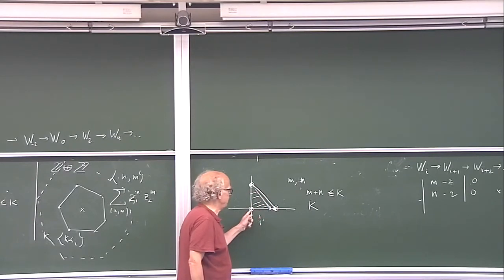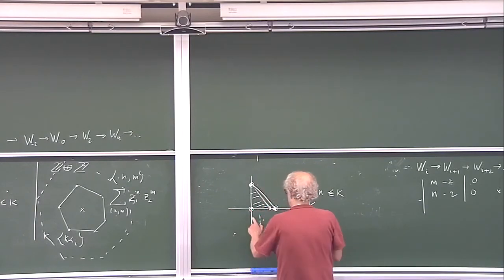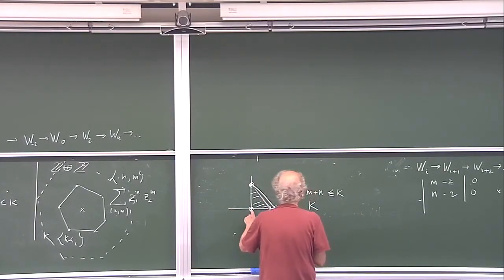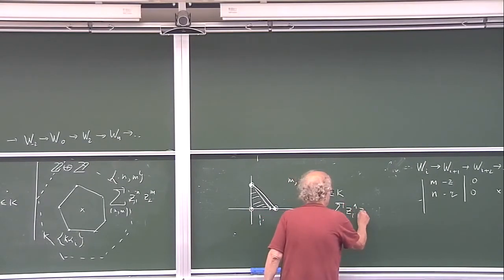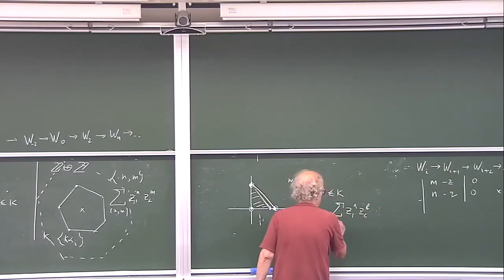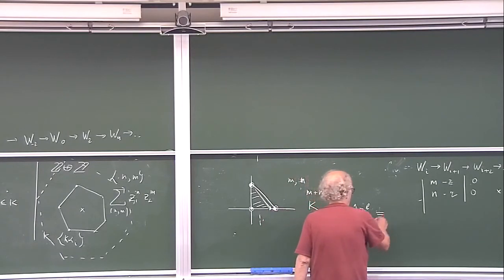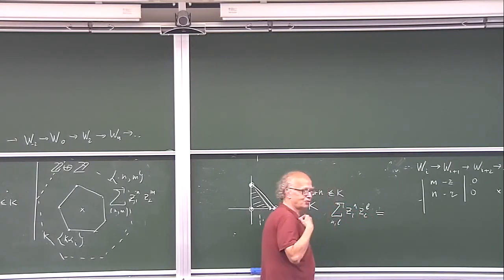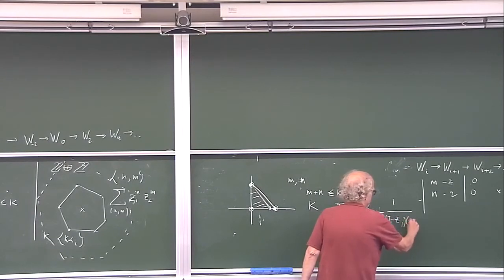And if he tries to calculate the character in his vicinity, what will it be? It is the contribution of this vertex: the sum of z1^a z2^b, with a, b any integers bigger than or equal to 0. So what he reports to me is just this: 1 over (1 minus z1) times 1 over (1 minus z2).